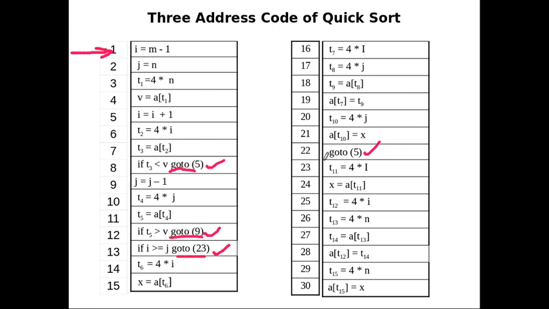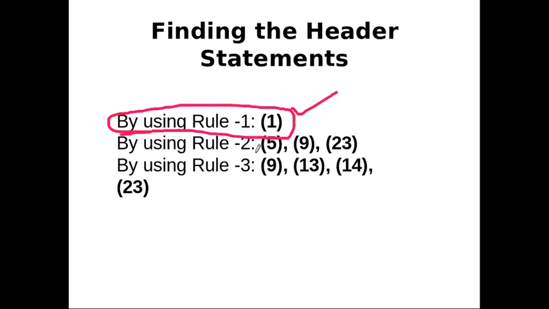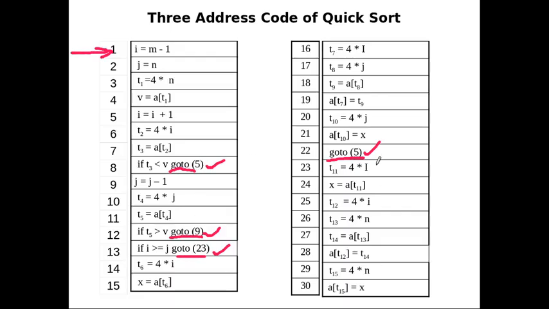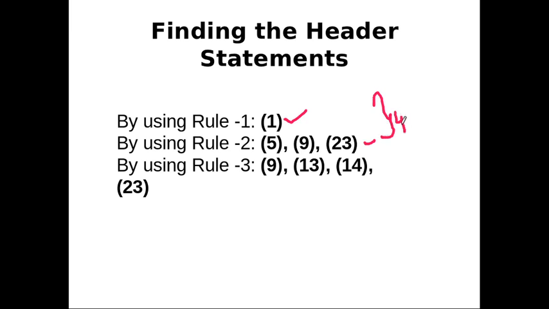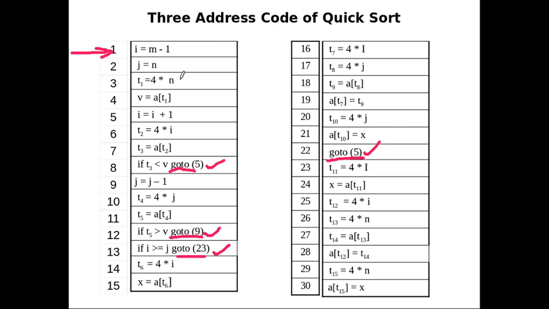That is given by rule 2. So 5, 9, 23, and 5 once again is a duplicate. Nothing but 5, 9, 23. So by using rule 1 and rule 2, we get 5, 9, 23. Now totally how many are we getting? 4. Now observe by using rule 3. What is our rule 3?